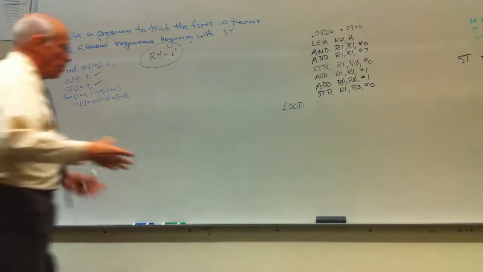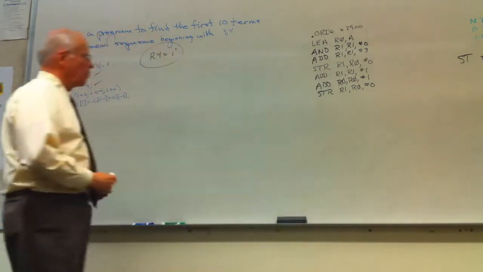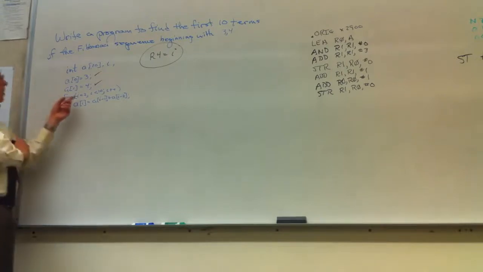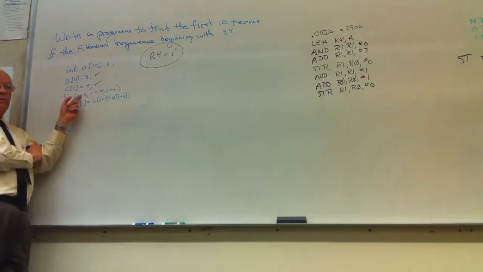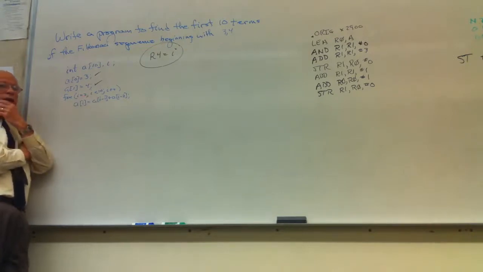Okay, so to set up my loop, I've got to set my loop counter. Here's another interesting thing about compilers and the way they handle loops. One approach is literally to initialize your loop counter here and then at every pass through the loop, you do this check, see if it's less than 10.